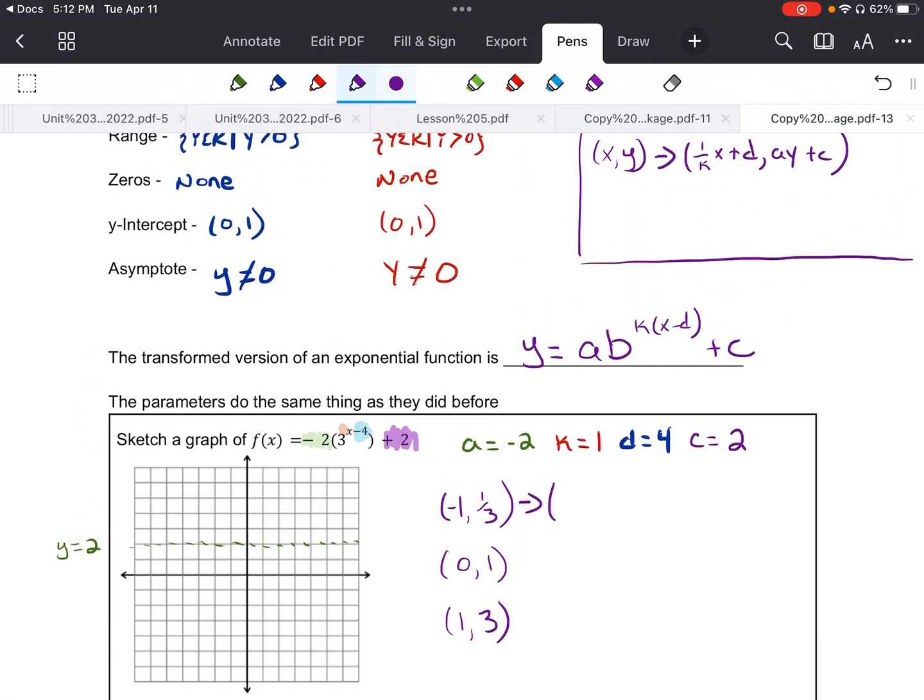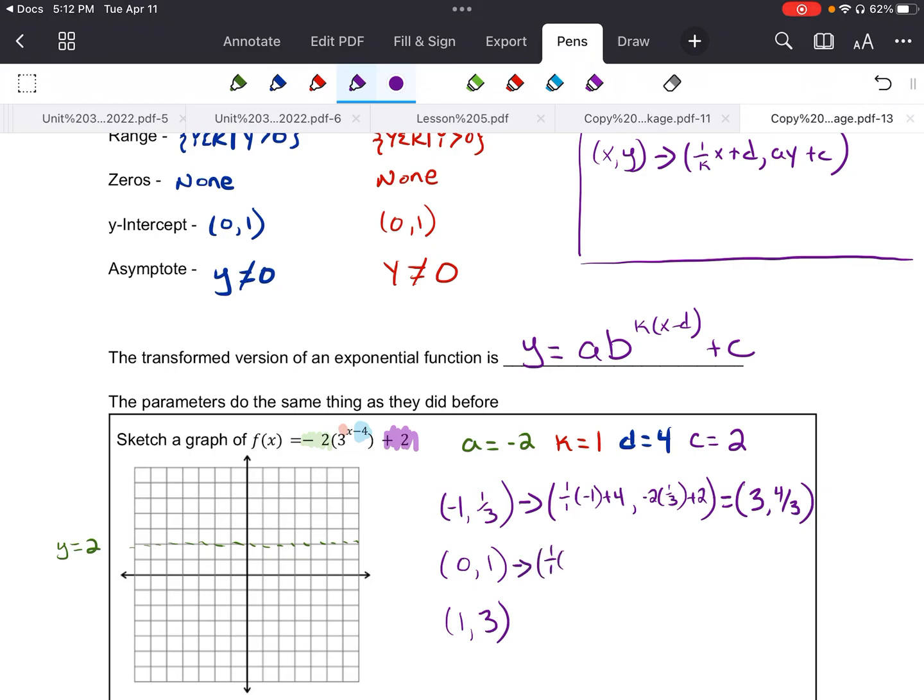So using our mapping rule, we have 1 over 1 times -1 plus 4, and we have -2 times 1/3 plus 2. And that is going to give us the point 3, 4/3.